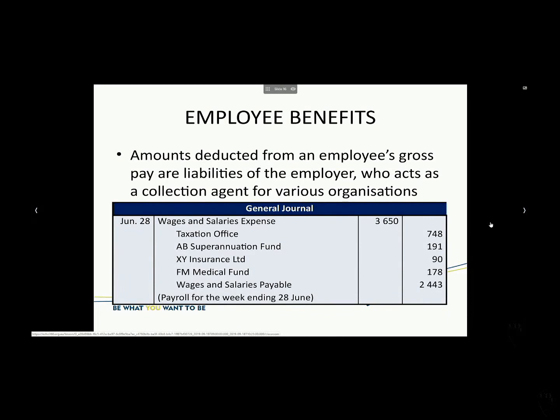So how are employee benefits recorded in the accounts? Well, there's a typical week's worth of wages and salaries, and we've got $3,650 worth. But from wages and salaries, and for anyone who actually has worked, they know that tax will be taken out, and what the company is doing is collecting that taxation on behalf of the ATO.